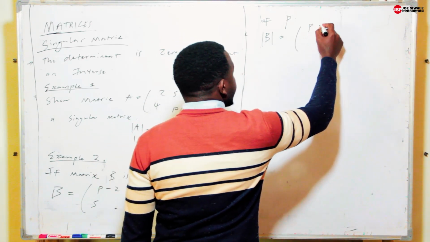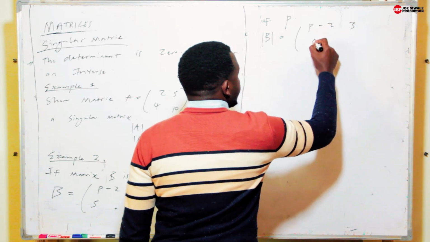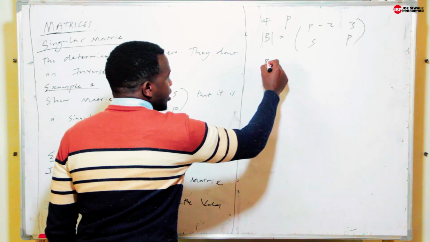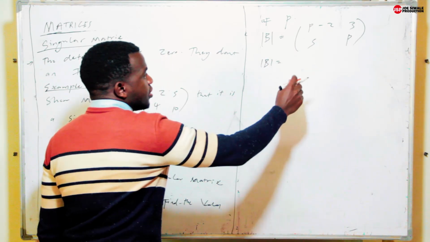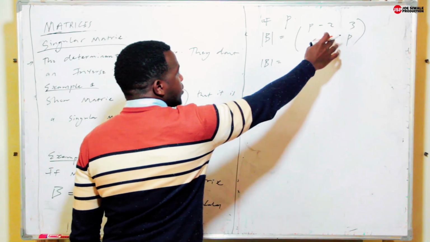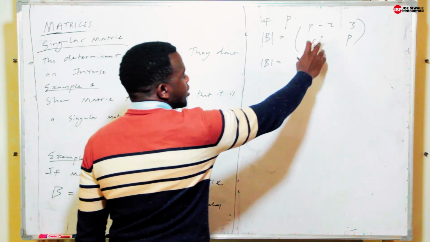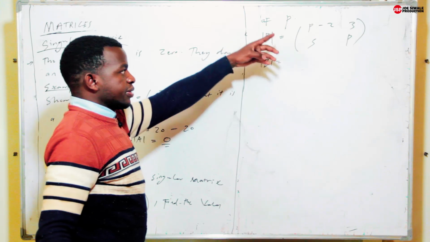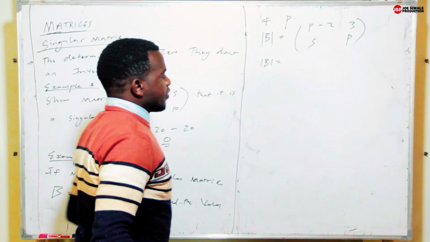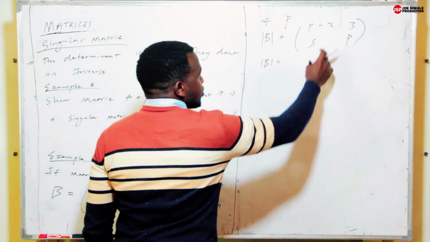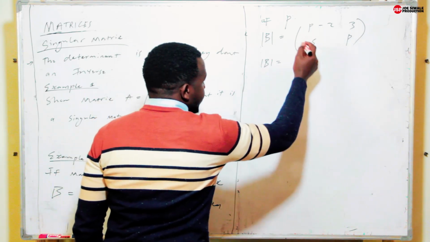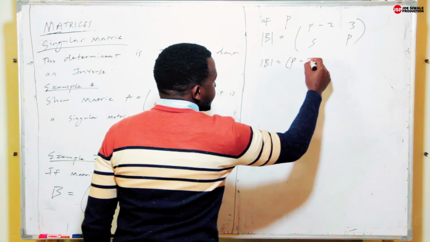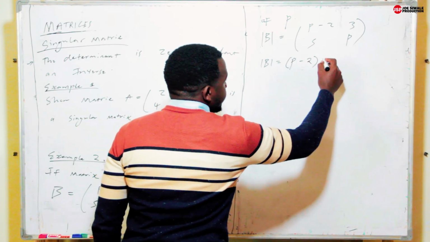So we have P minus 2, then we have 3, then we have 5, then we have P. And for us to calculate determinant there, we're going to find the product of elements in the trailing diagonal. Then we're going to subtract them from the product of elements in the leading diagonal. So we're going to start by multiplying the leading diagonal. So we're going to have P minus 2 there. So multiplied by P.